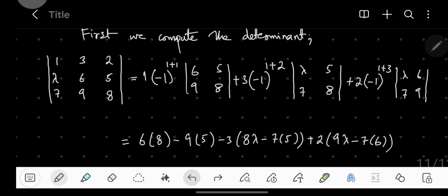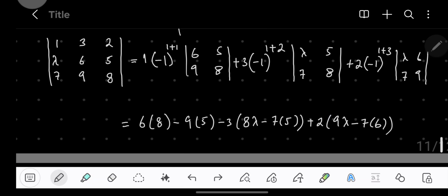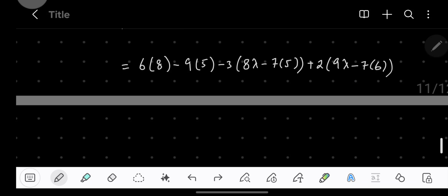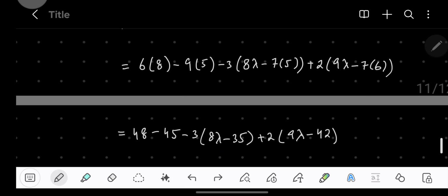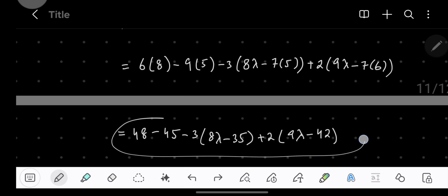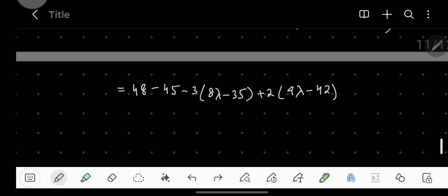Now I will calculate all of these things. After simplifications, I will write these things, and after more simplifications, these two terms will have a factor of 3, and if I multiply 3 inside, I will get these two terms. If I multiply 2 inside, I will get these two terms.